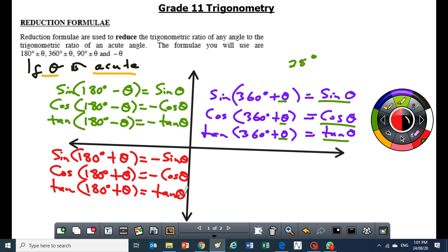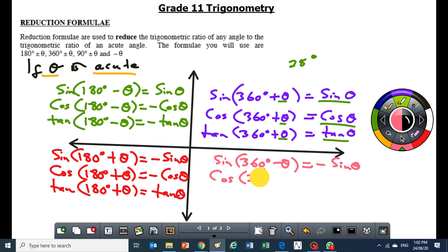Okay, so we have 9 reduction formulas so far. Let's move on to the fourth quadrant. Now, in the fourth quadrant, we are going to have sine of 360 degrees minus theta. Sine is negative there, so this is the same as minus sine theta.